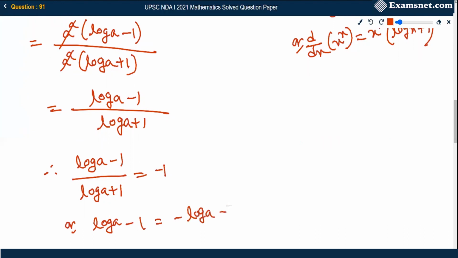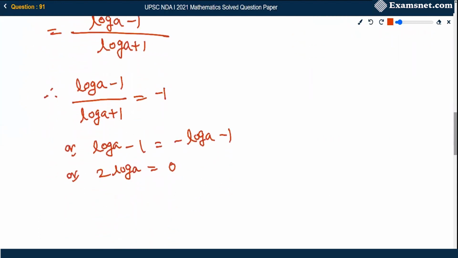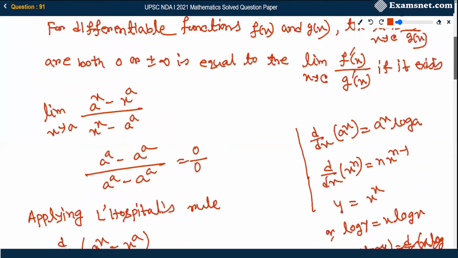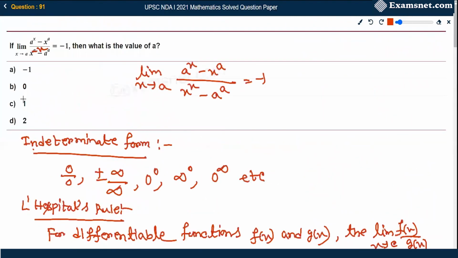Minus log a minus 1. So 2 log a equals 0. That means log a equals 0. So it gives that a equals 1. Now check the options. Here option C is the correct answer.